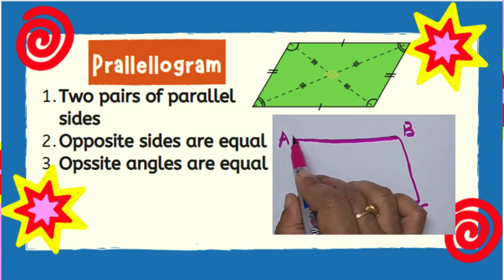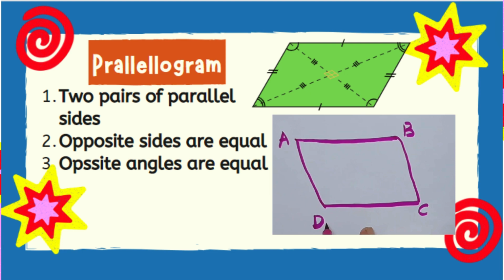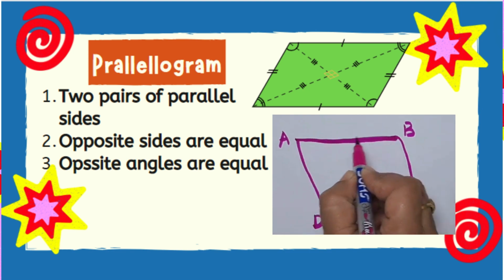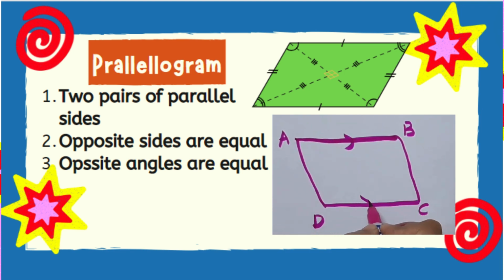That is, AB is equal to CD, BC is equal to AD, and these sides are parallel and also equal.